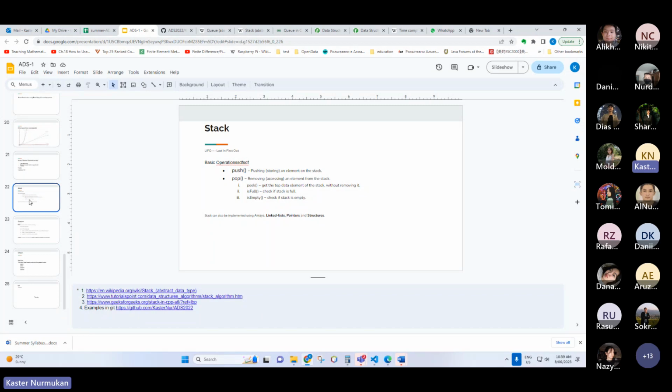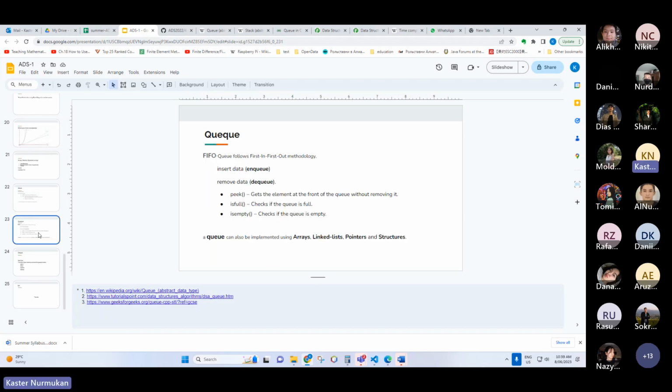You write a sentence, and you will frequently do Control Z to come back to the previous operation, and Control Y to repeat the previous operation. So that operation actually uses the stack, right? And then a queue is used to do things in order, which is useful.